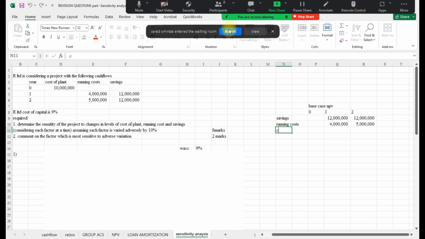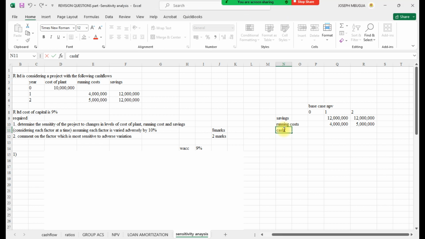Therefore, for the cash flow, you take the savings minus the running cost, and you get the cash flow for the 2 years.